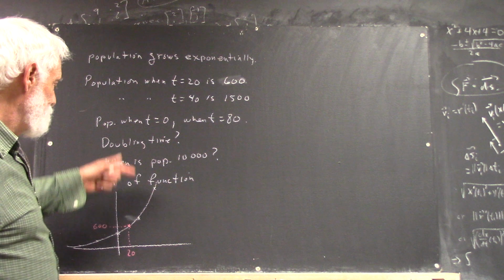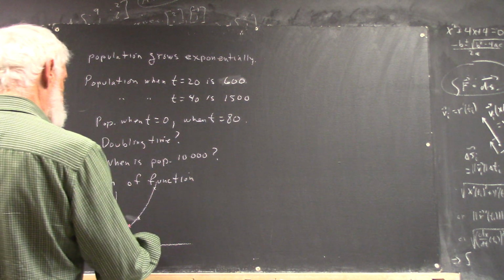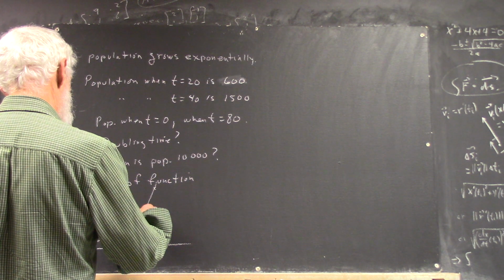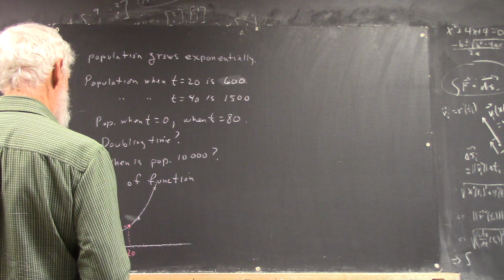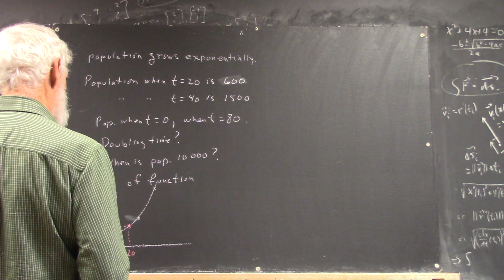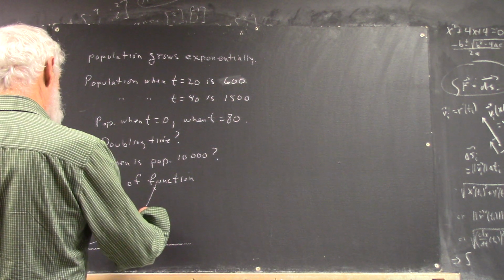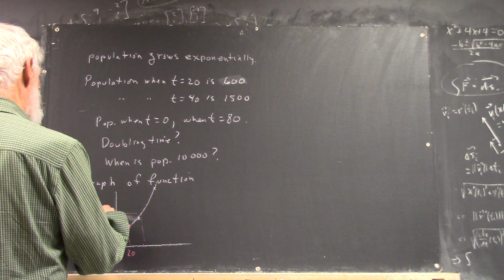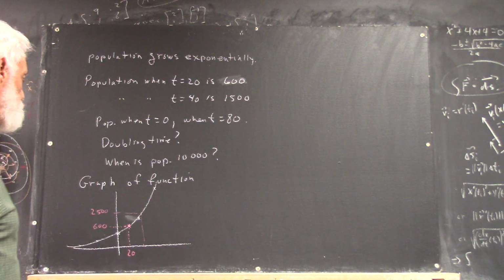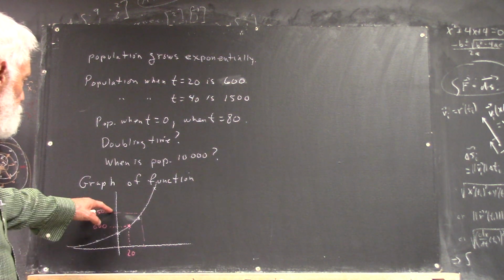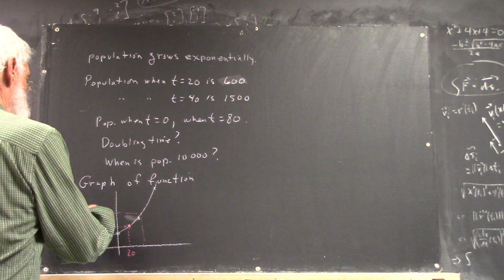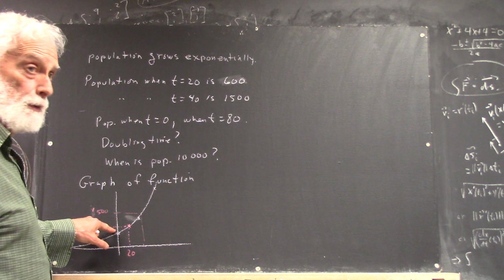Now t equals 40, that's twice as far out. And it's got to be 1,500. So I don't have a very good graph because it doesn't look like this is 2.5 times this.